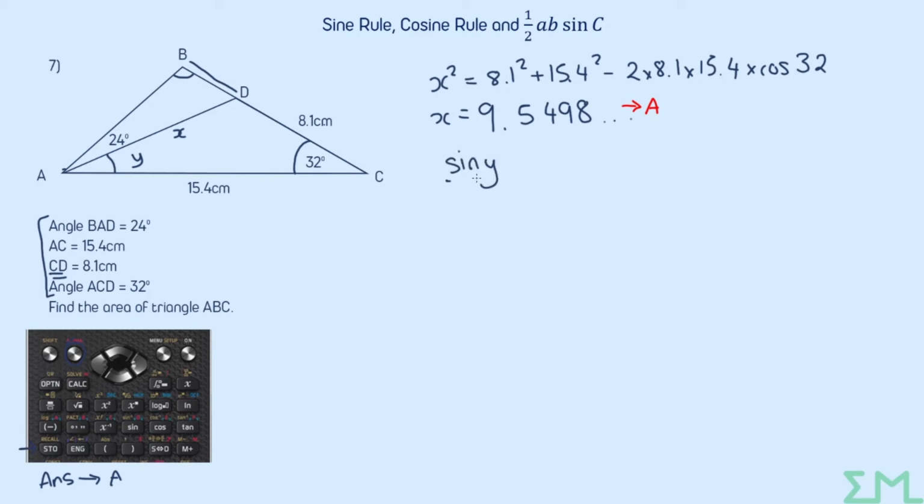So sine y over the opposite side equals sine 32 over its opposite side, which is A. And this is where my storing it in my calculator comes in. So this means that I have sine y equals 0.449, etc.